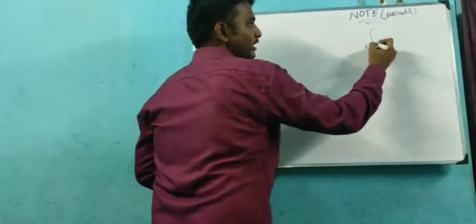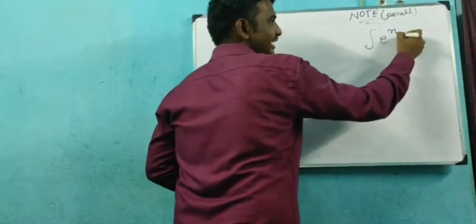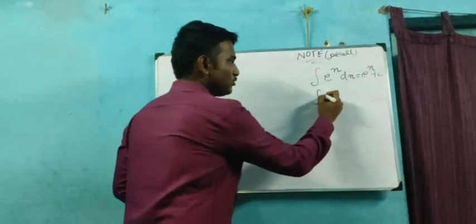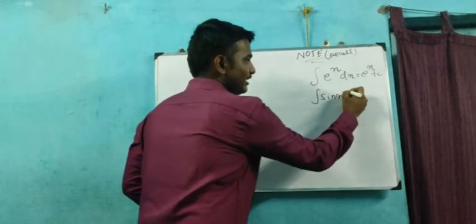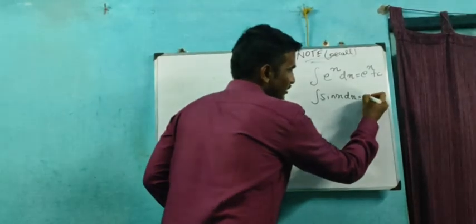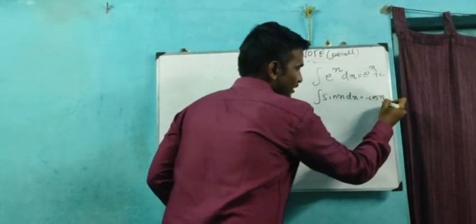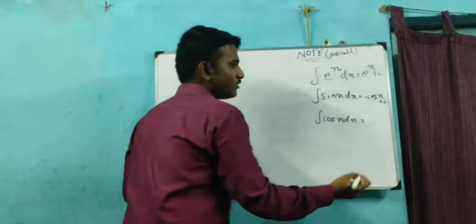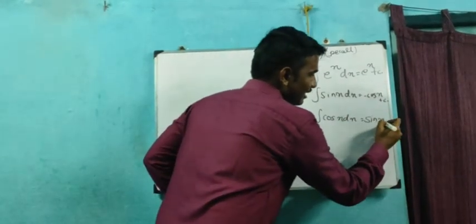Integration of e power x dx is e power x plus c. Integration of sin x dx is minus cos x plus c. Integration of cos x dx is sin x plus c.